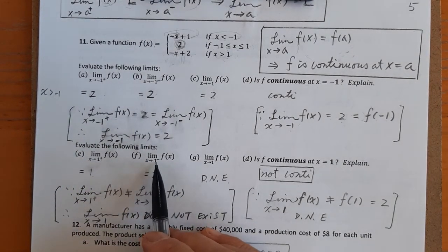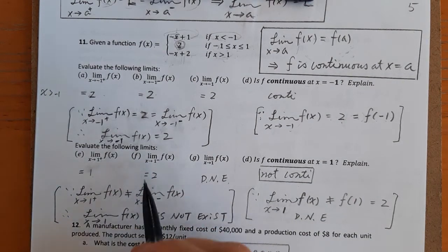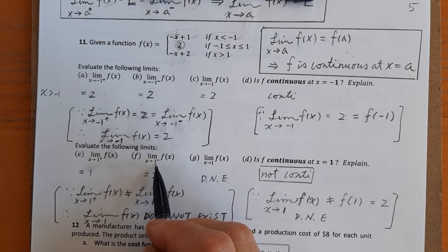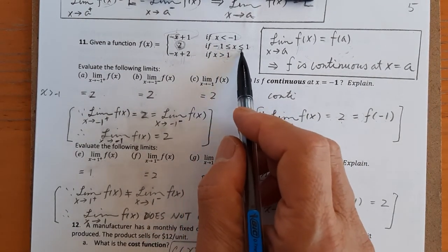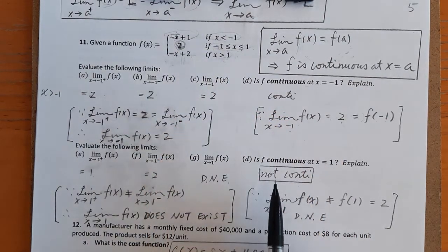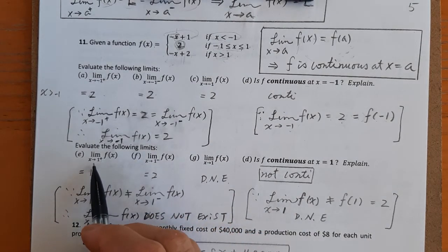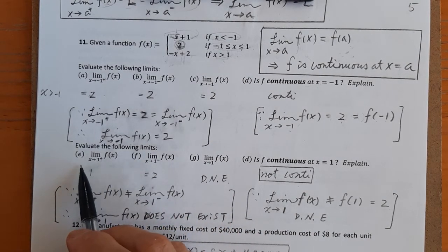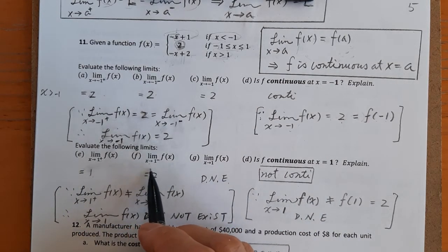When x approaches 1 from the negative side, from the left-hand side, x less than 1, you use this function, which is always constant. So the limit is always 2. So from the right-hand side the limit is 1, and from the left-hand side it is 2.